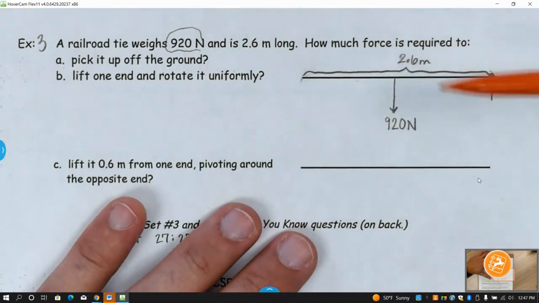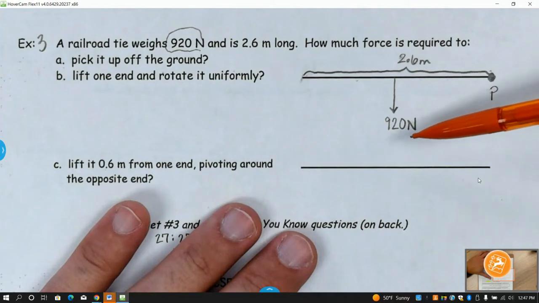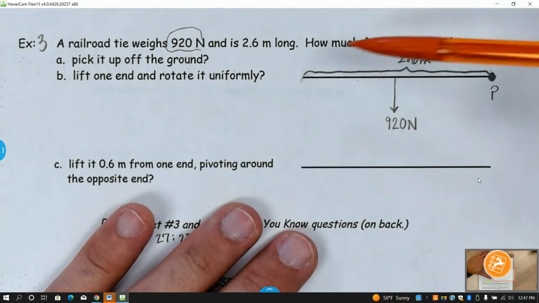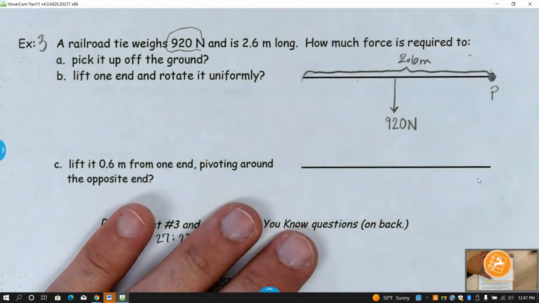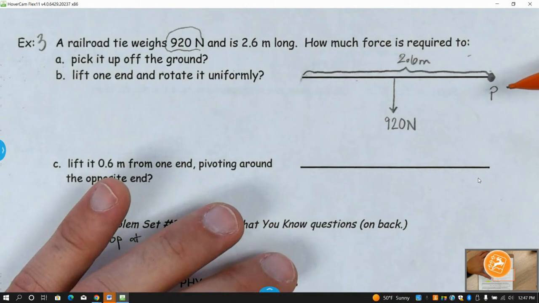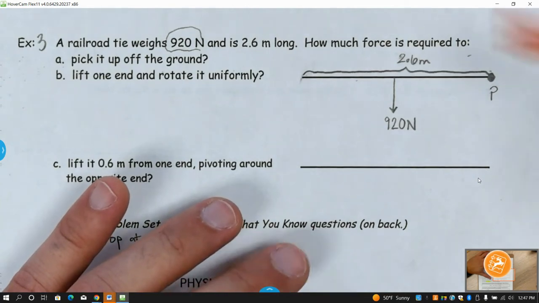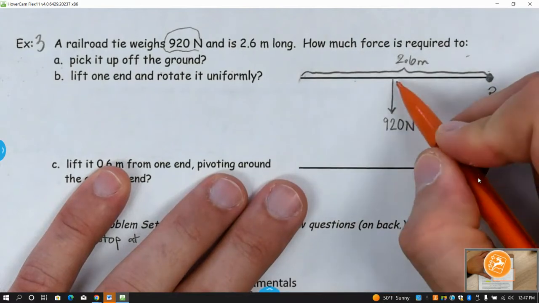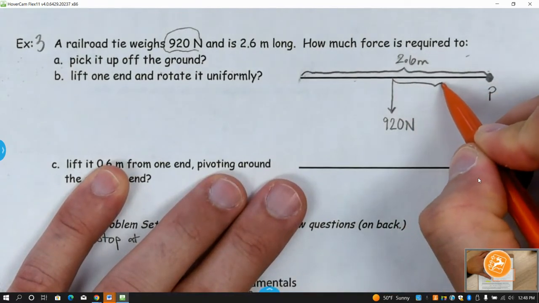So remember, if this 920 is in the center, and the whole thing is 2.6 meters long, what is half of 2.6? 1.3. So that means that this side is 1.3, and so is this side.